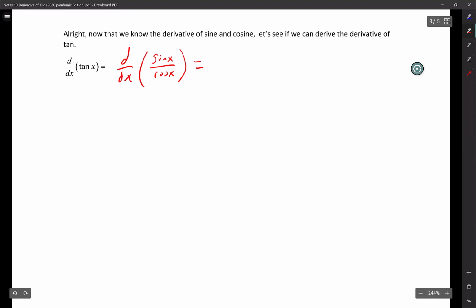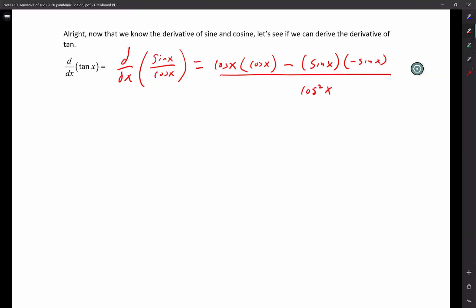The quotient rule. Bottom times the derivative of the top. The derivative of sine x is cosine x, plus or minus? Minus top times the derivative of the bottom. What's the derivative of cosine? Perfect. All over what? Cosine squared x. I could have put it in parentheses, but I decided to put the square after the s.